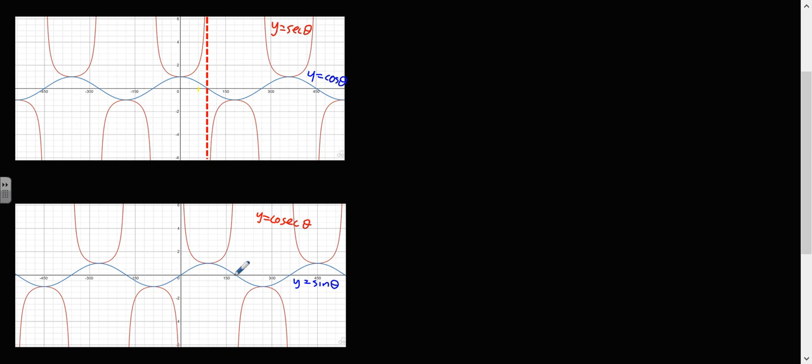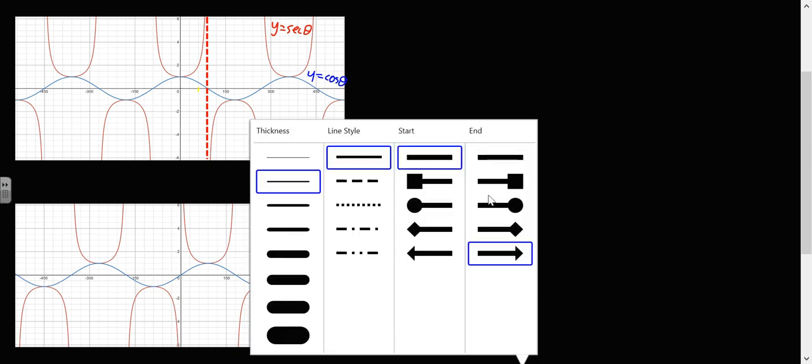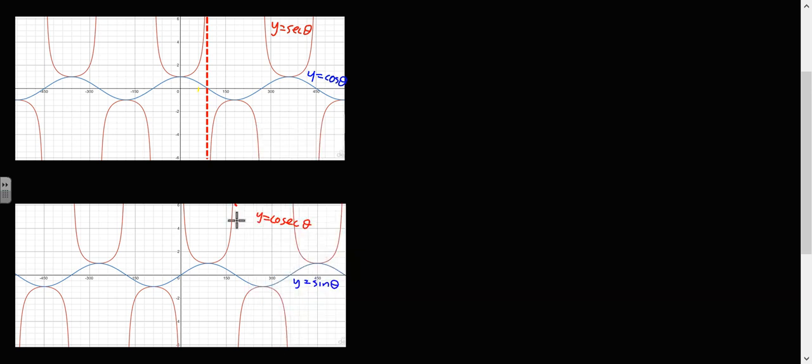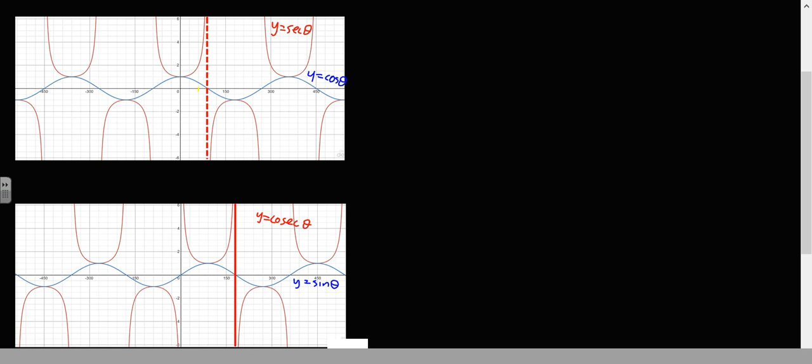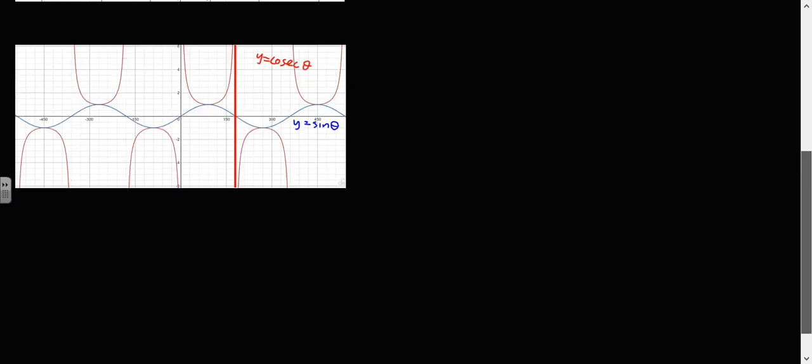Wherever sine theta goes through 0, you have a vertical asymptote, because 1 divided by 0 is undefined. Let me just draw that asymptote in again here. So that would be the asymptote. All right, similar process, and you can see that the graphs of sec theta and cosec theta are related in the same way as the graphs of sine theta and cos theta.